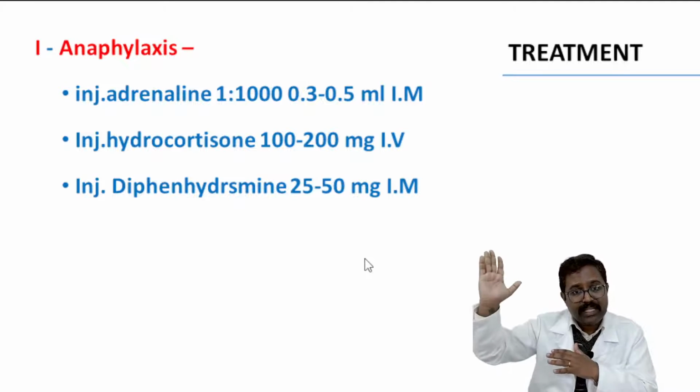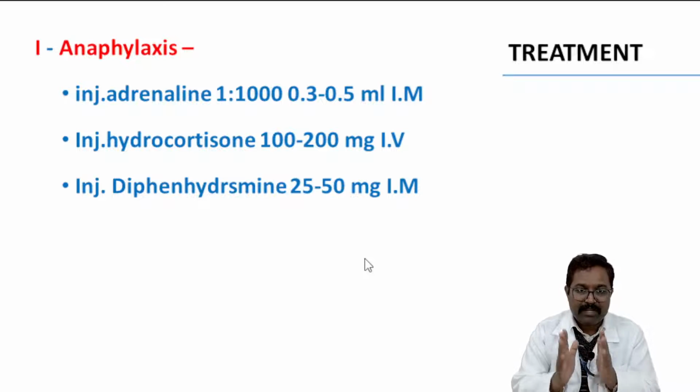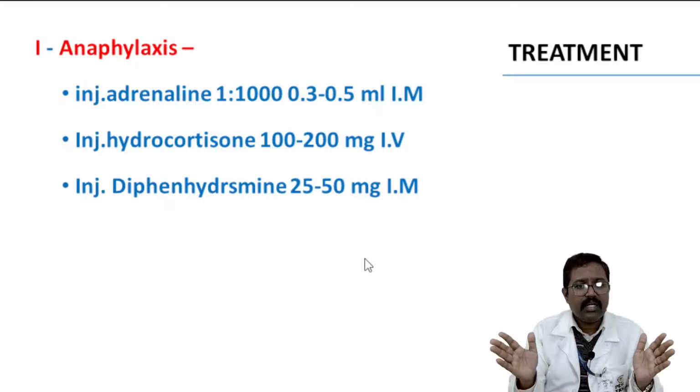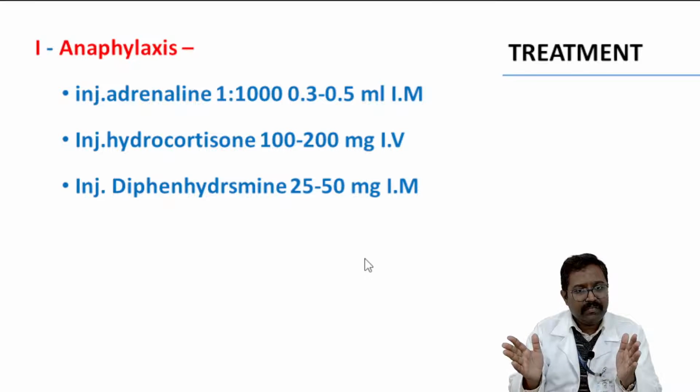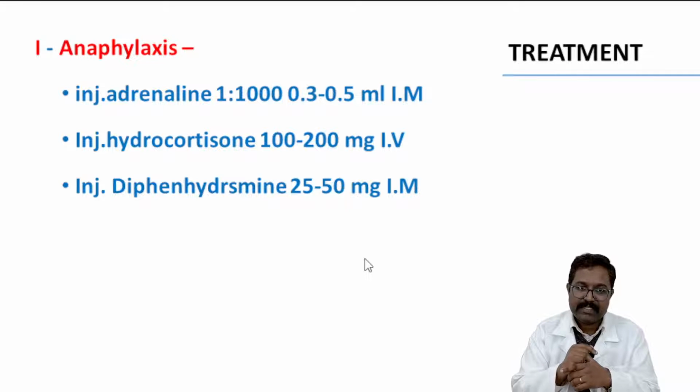Because there is a risk of arrhythmias when you give it intravenously. So always prefer the intramuscular route at 1:1000. If it is not possible, you can give it intravenously, but increase the dilution to 1:10,000, and be very careful and look for ECG changes for any arrhythmias.